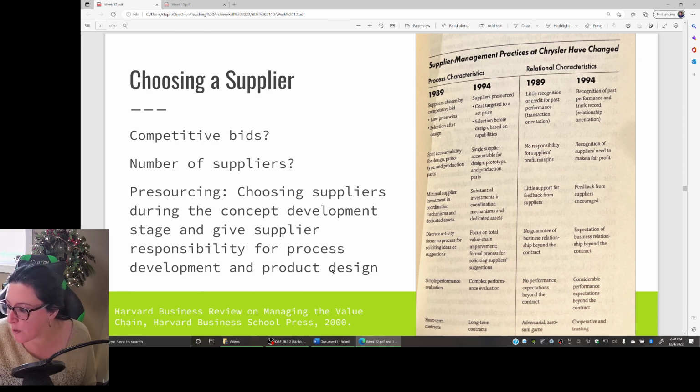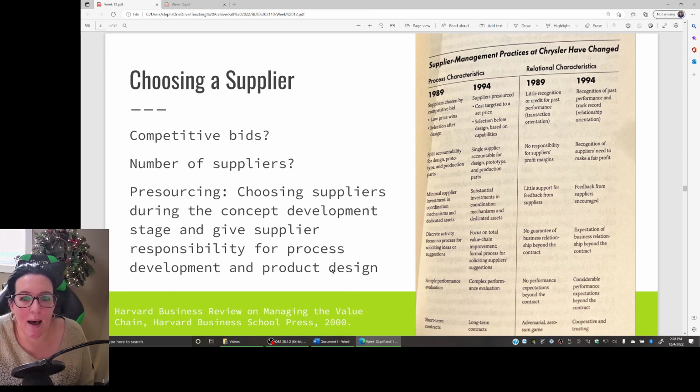What you see on the right is a chart that comes from the Harvard Business Review that looks at Chrysler. Chrysler had a system where they had a number of suppliers and competitive bids, and really they chose their suppliers based on the lowest prices.